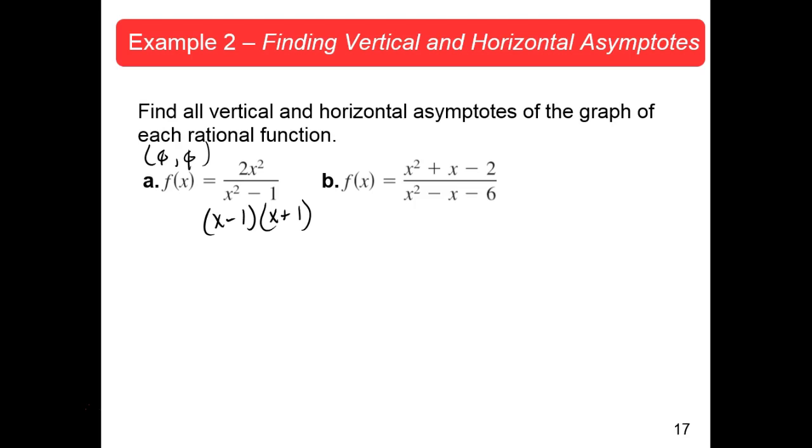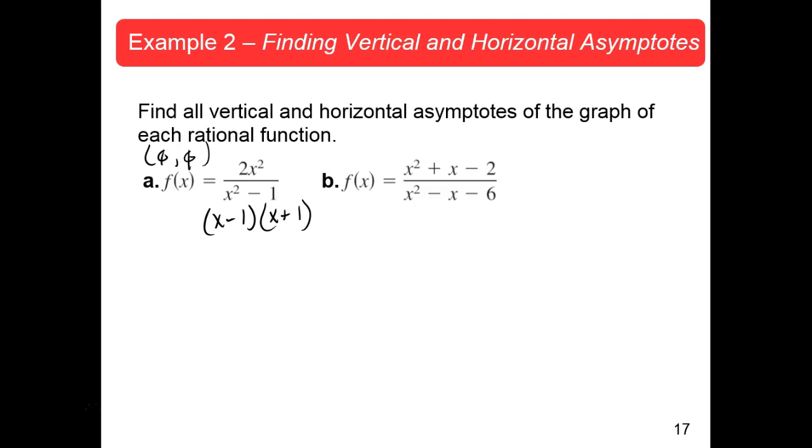See, when you get it in factored form, it's really easy to see, hopefully. Set each of them equal to 0, and what does this become? Positive 1. X equals 1, and this becomes? Negative 1. X equals negative 1.